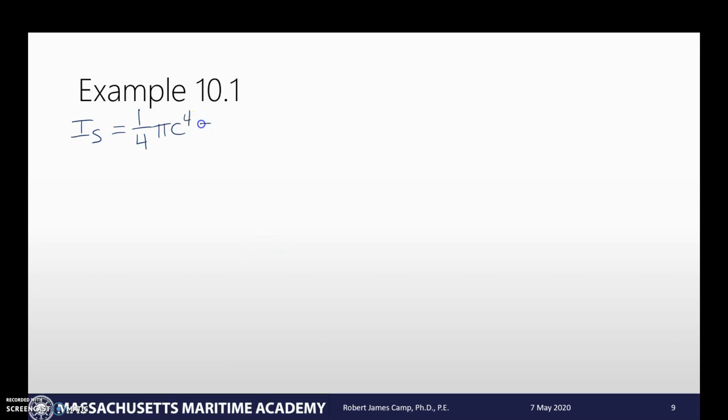And so for the solid one, it's easy. Just 1/4 times, we're going to convert this over to meters, raise that to the 4th, and that's all there is to it, except there's a pi in there. I forgot that, so pi over 4. We calculate that out, and that's going to be 4.909 times 10 to the negative 6 meters to the 4th.